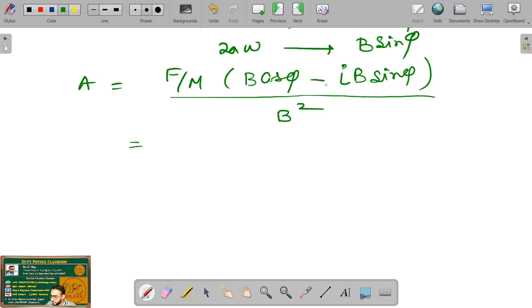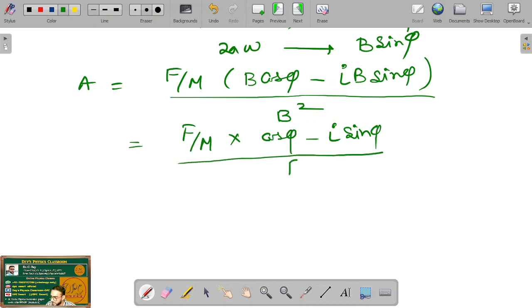We take b common from the numerator and cancel out with the denominator's power of 2. So finally we get F by m into cos φ minus i sin φ, and in the denominator it would be only b.